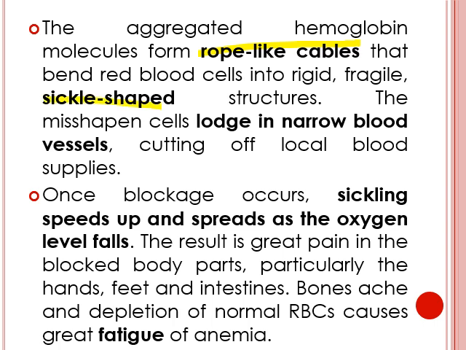The misshapen cells lodge in narrow blood vessels, cutting off local blood supplies. Once blockage occurs, sickling speeds up and spreads as the oxygen falls. It causes the great fatigue of anemia.